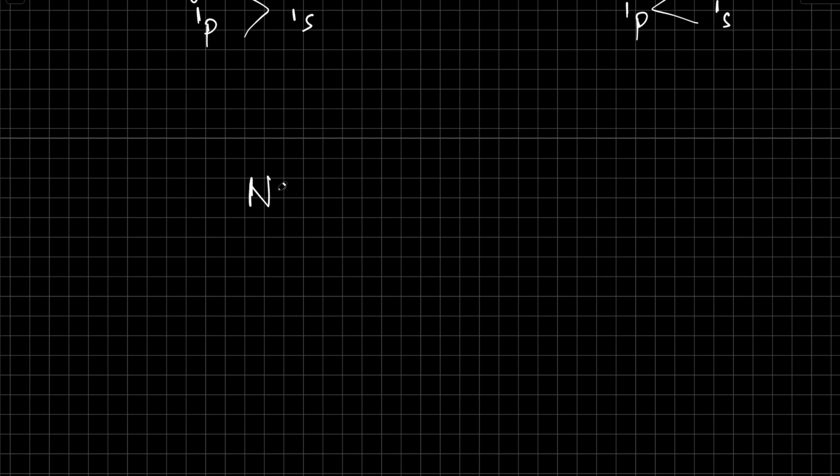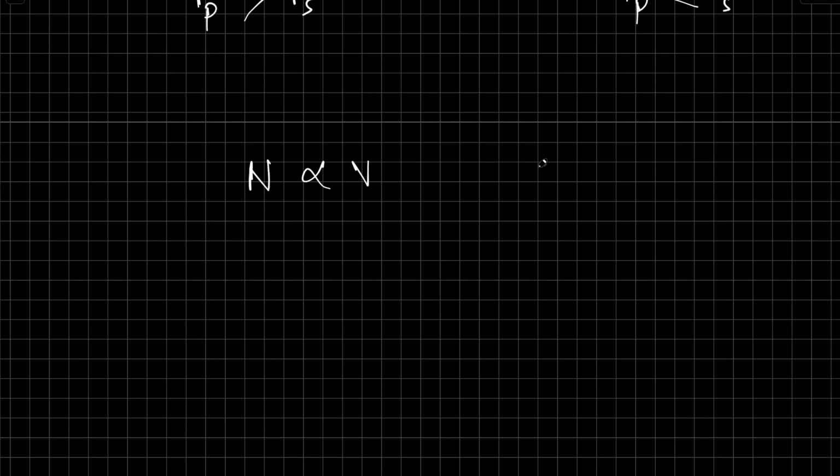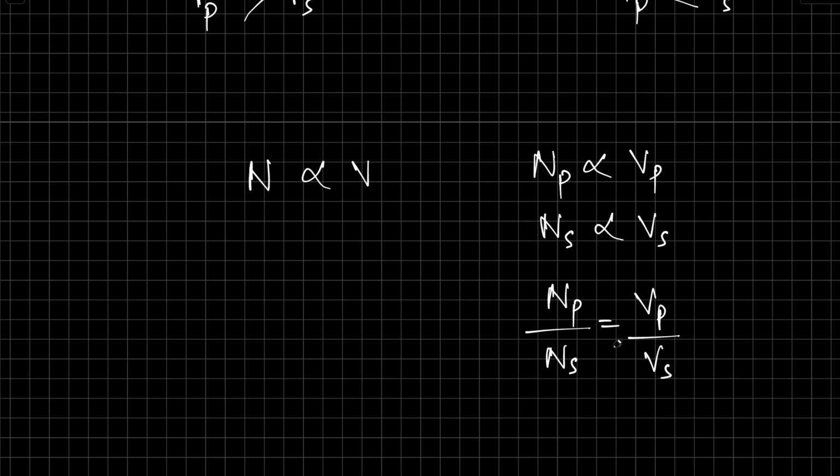Number of turns is directly proportional to the voltage. So number of turns in the primary is directly proportional to the voltage in the primary, and number of turns in the secondary is directly proportional to the voltage in the secondary. To remove the proportional sign, I'm going to divide these two equations. So NP over NS is equal to VP over VS. Now what about the current?